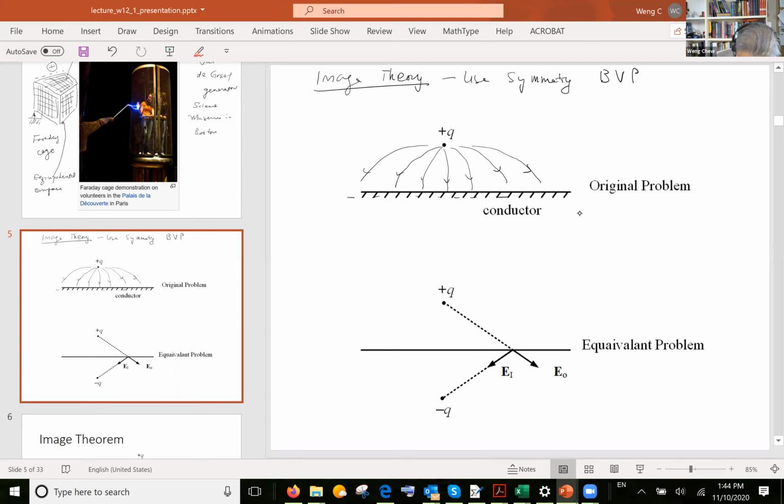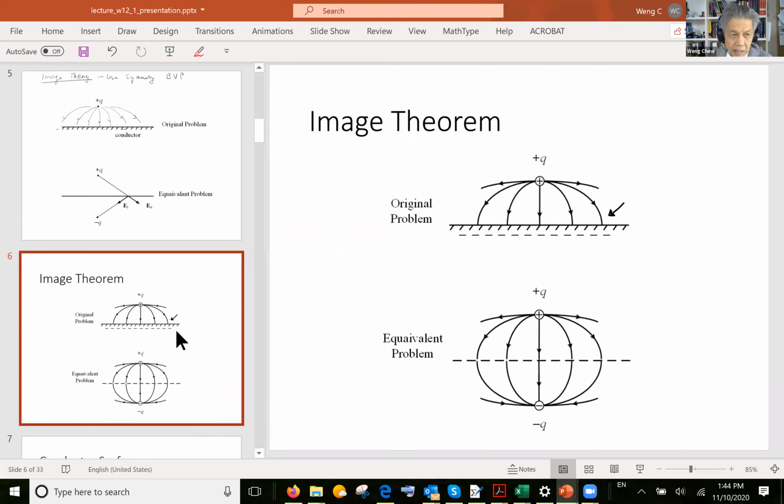These will be negative charges. What this effectively is equivalent to is that the positive charge attracts negative charges, and the problem can be replaced by an equivalent problem that removes the conductor. You remove the conductor, and in the bottom half space, you put a negative charge there.